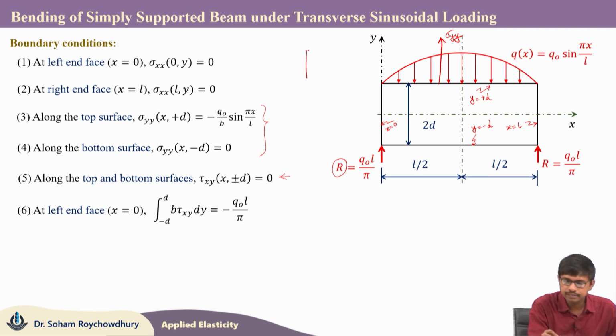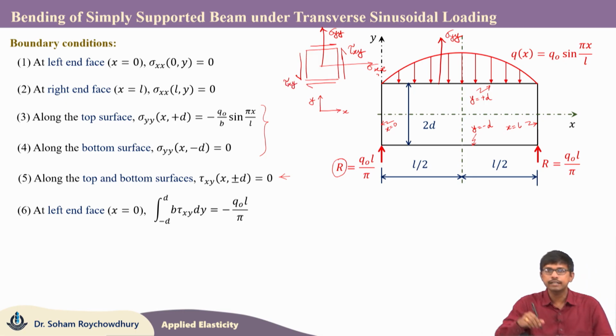Now, considering any 2D stress element with this being positive x and this being positive y, the tau xy is positive upward on this positive x plane, and on the negative x plane downward tau xy is positive.